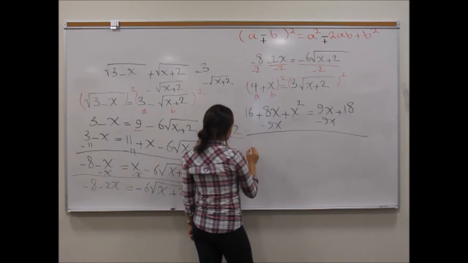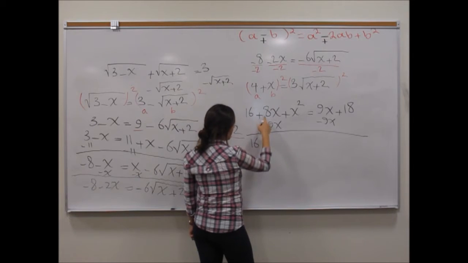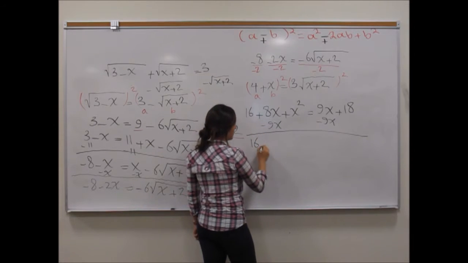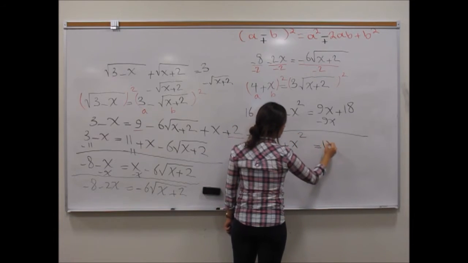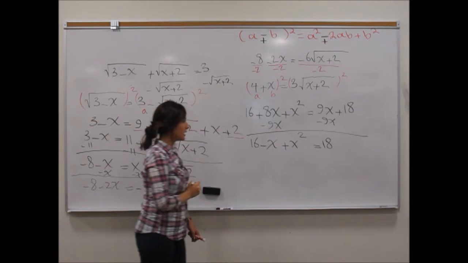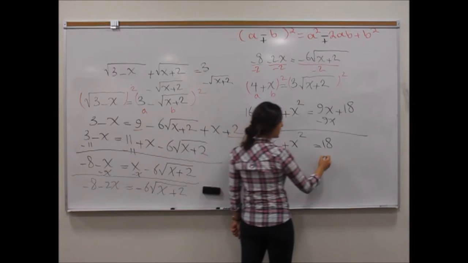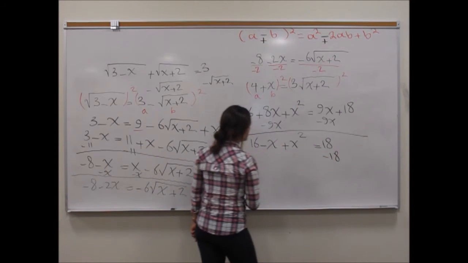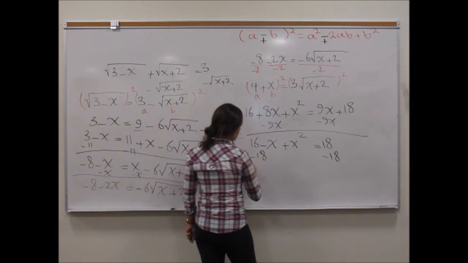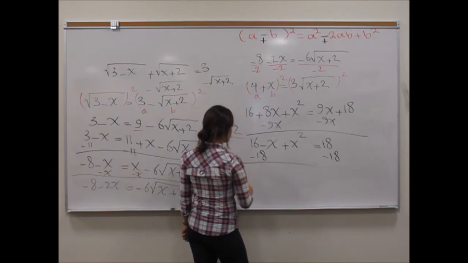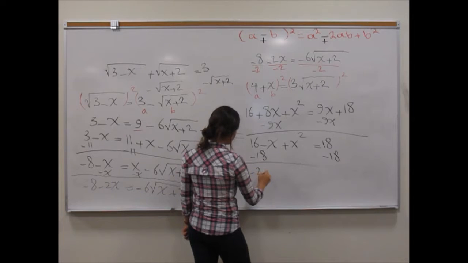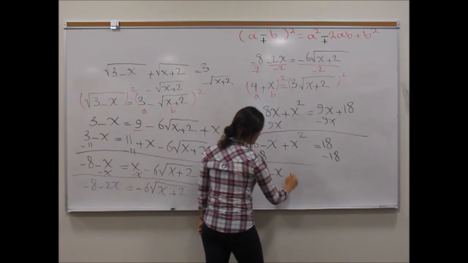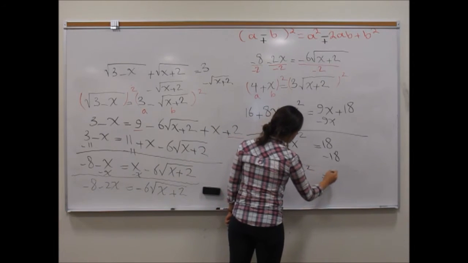I would have 16, 8 minus 9 would be negative 1, so negative x plus x squared equals 18. Then subtract the 18 from both sides. On this side, I would have 16 minus 18, which is negative 2, minus x plus x squared equal to 0.